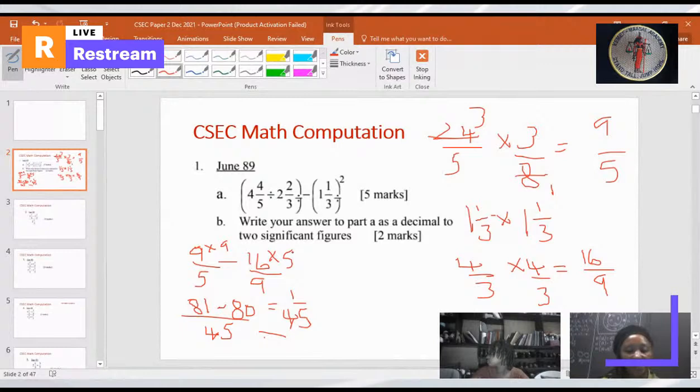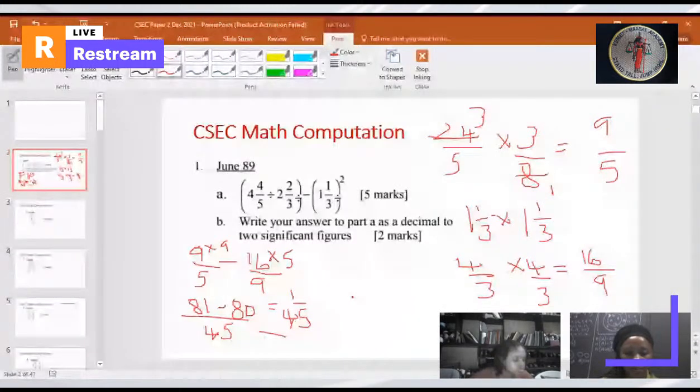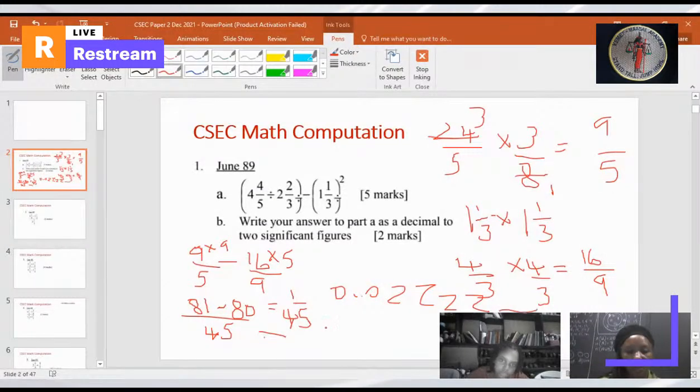And B says we're to write it as a decimal to two significant figures. So if we have 1 divided by 45, that gives 0.0222 continuing. So for two significant figures, we don't count the zeros in front as significant figures.